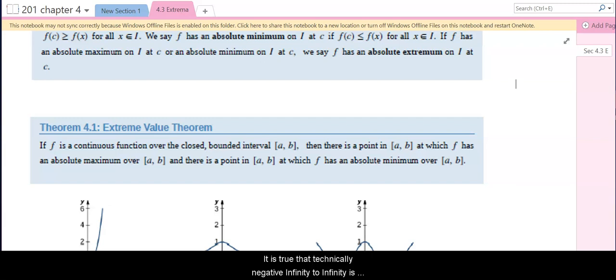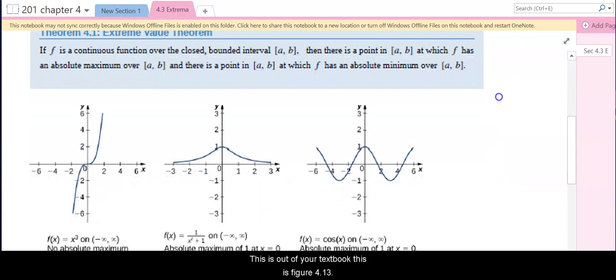It is true that technically negative infinity to infinity is considered both an open interval and a closed interval, and that's why we need to add the word bounded. Now, let's take a look at some pictures and find out why the extreme value theorem is important and why it is not guaranteed that a graph will have an absolute maximum or an absolute minimum over an interval if we fail to meet one of these conditions.